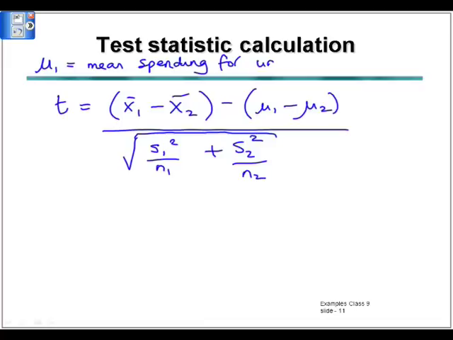So now we can use those notations without having to write urban and rural each time. So to do this calculation based on the numbers in the previous slide, the sample mean for urban was 6,010. The sample mean for rural schools, 5,830. So that's our difference in sample means.